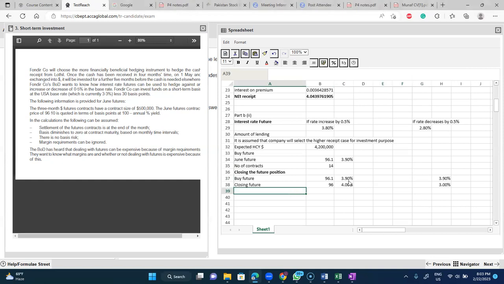You have agreed in the contract that you will receive 3.9, but the market moves to 4%. So that means here you will face a loss. And here you enter that you will receive 3.9, but the market moves to 3%. Here you are getting a gain.